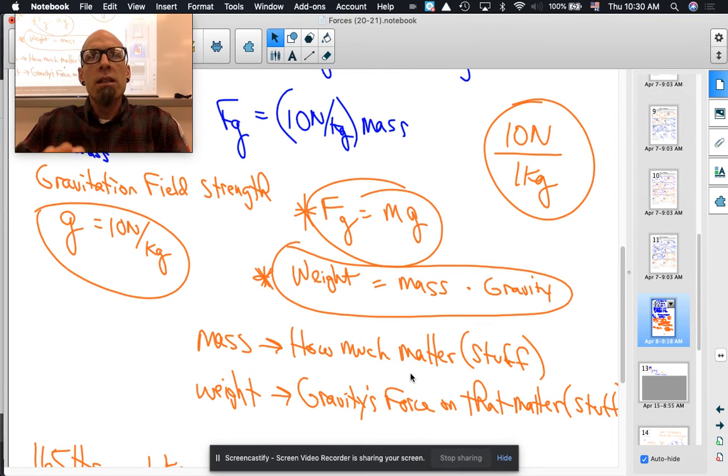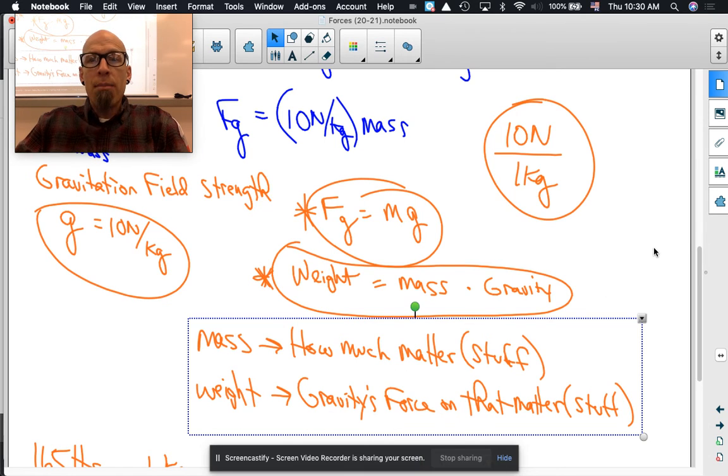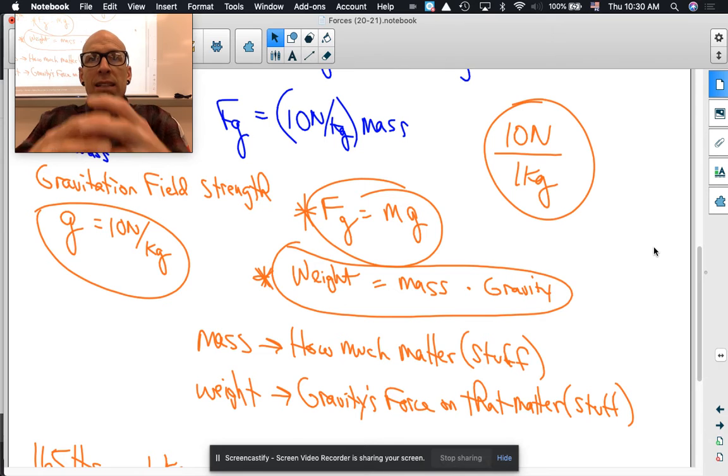They are not synonyms. Weight is gravity's force on that matter. So mass is how much matter there is. Weight is how much force gravity pulls with, which is, again, 10 newtons for every kilogram if you're near the surface of the Earth.